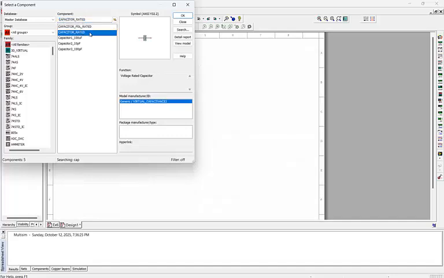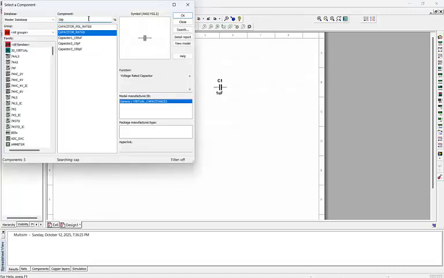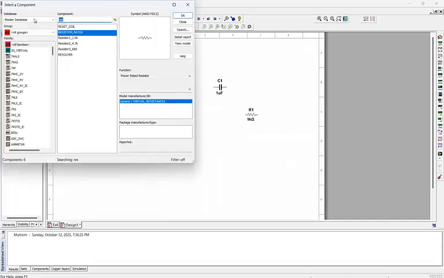Also, I'm going to use the capacitor rated. For the RC circuit, we used the polarized one, but here we are going to use the non-polarized capacitor, and I'm going to get a resistor. Get the ground.